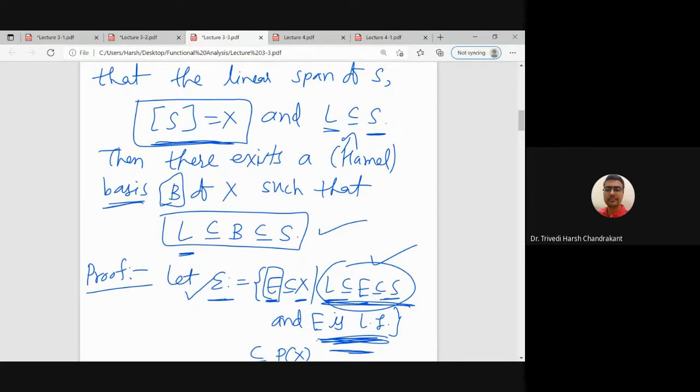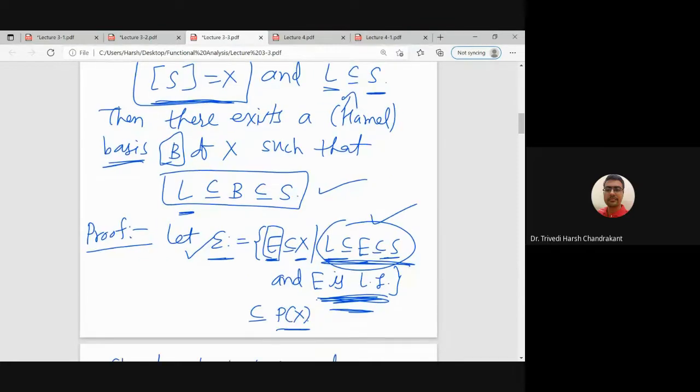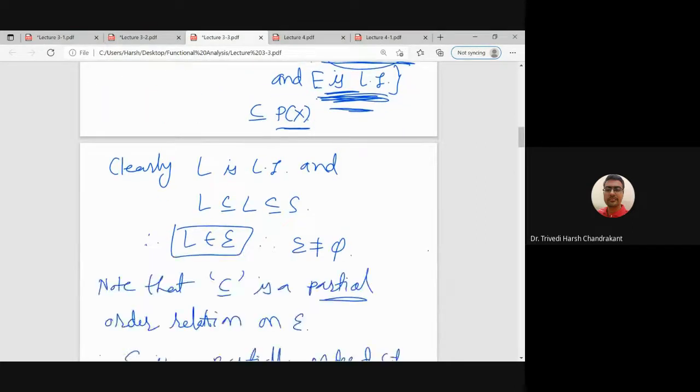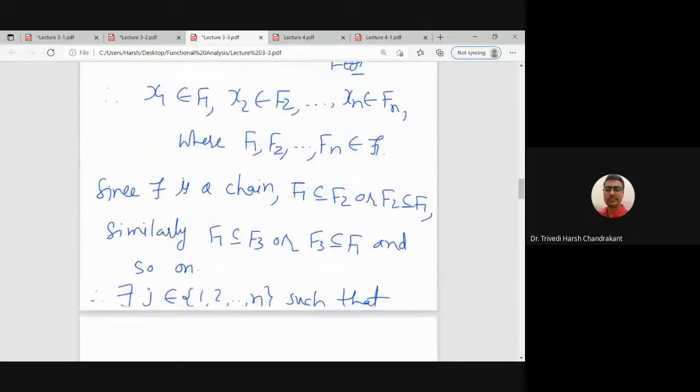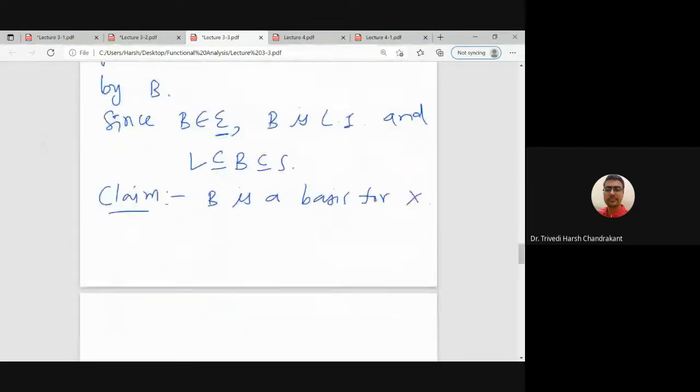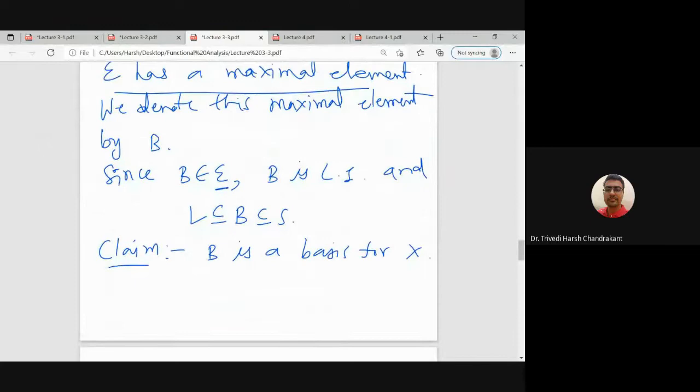First property is B is Li, and second property is B spans X. Right? B is the spanning subset of X. The first property we got from this, that B is Li because it is an element of E. But the second property we need to check.